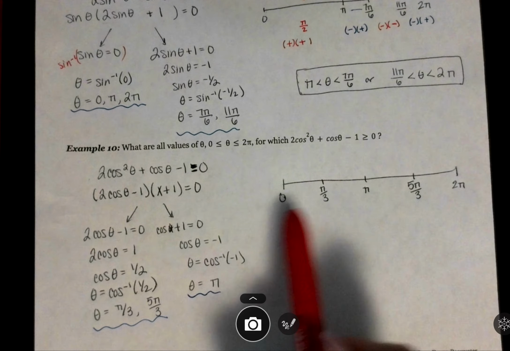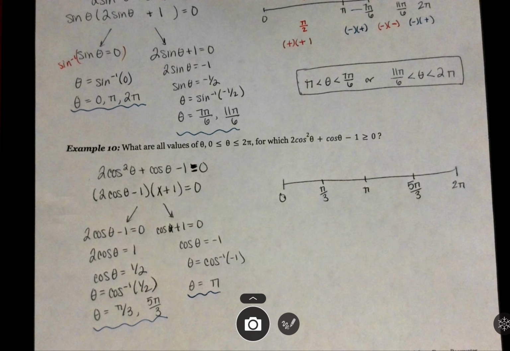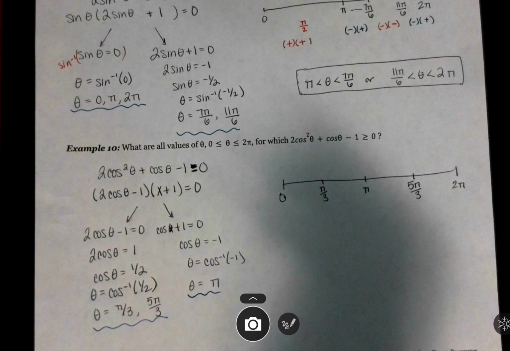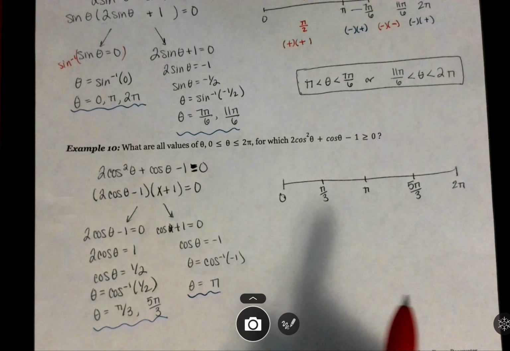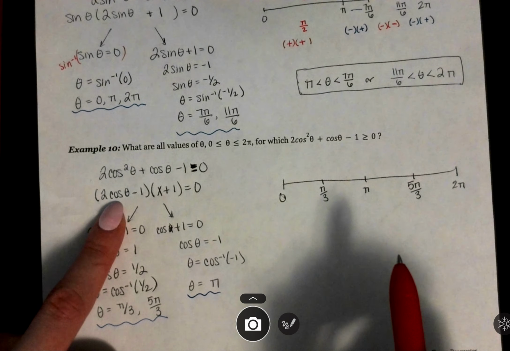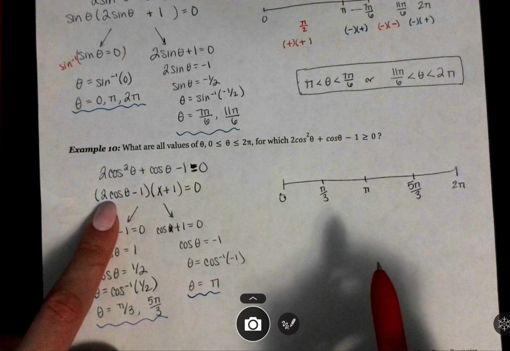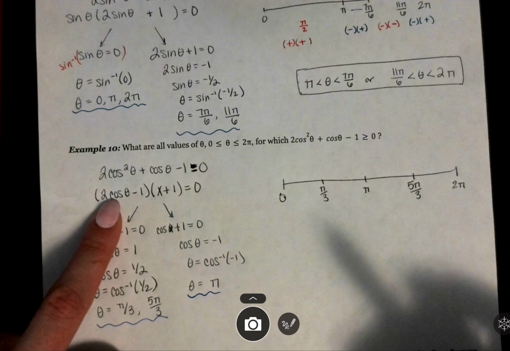So I'm going to choose a value in this range from 0 to pi over 3. I could do something like pi over 6, so let's try that. I'm going to plug pi over 6 into each parenthesis. So I have cosine of pi over 6, which is square root of 3 over 2. If I multiply that by 2, I would be left with square root of 3.